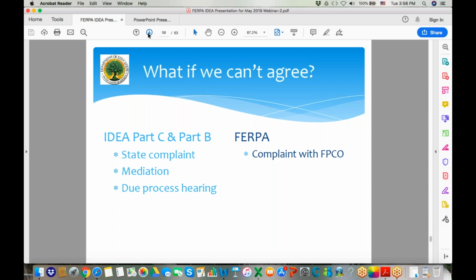On the flip side, let's take a look at FERPA. Now there is one typo on our slide. It's a reference to our old name, FPCO, but now a parent has the right to file a complaint with our office, the Student Privacy Policy Office, and we have different procedures for how we would actually investigate those alleged violations of FERPA at our federal level.